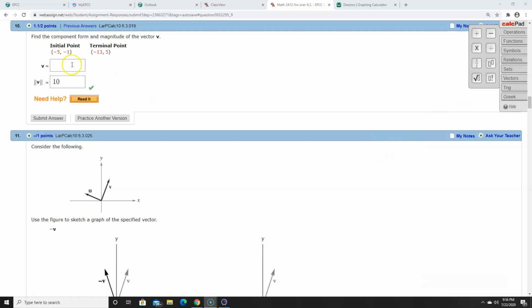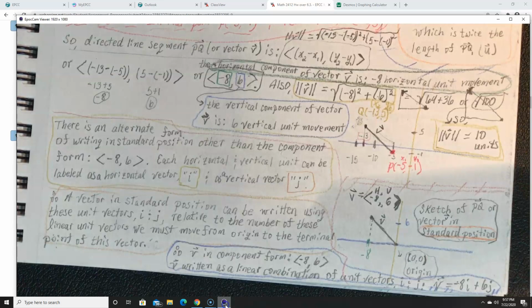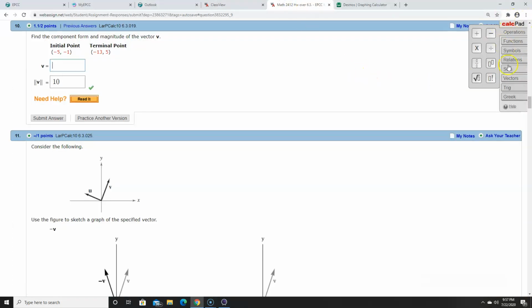But first, let's write our answer in here. How are we going to get this funny component symbol? It's like a less than, a greater than kind of thing. But with WebAssign, you come over here to the CalcPad toolbox, or whatever they call it, and you click Vectors, and then we're going to use this one right here. They call them vector brackets, vector grouping symbol, open vector, close vector bracket symbol.